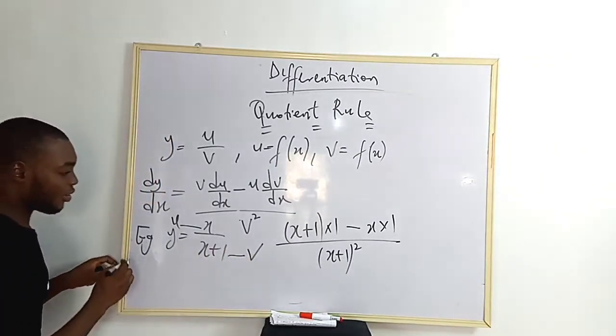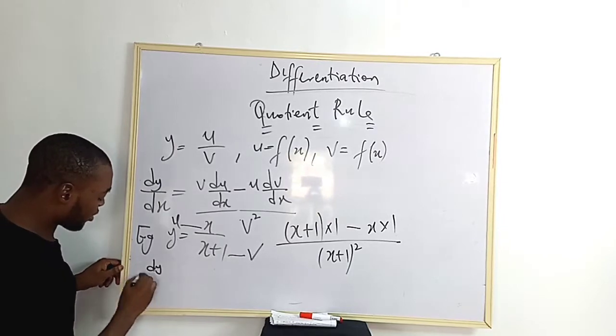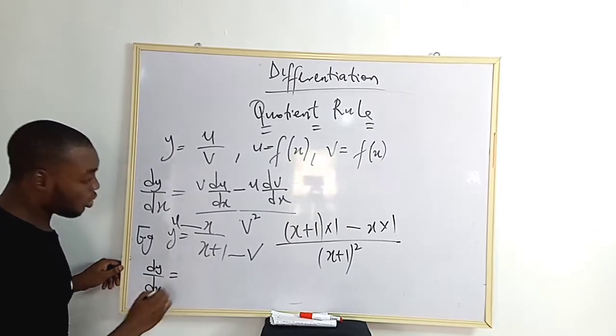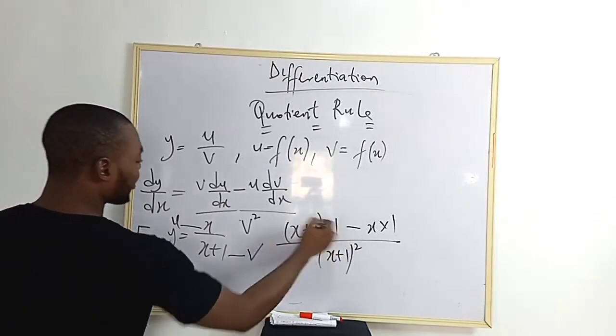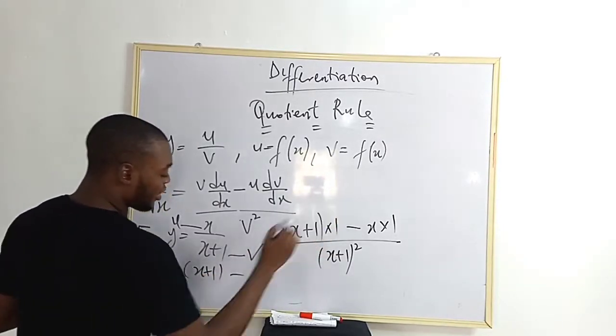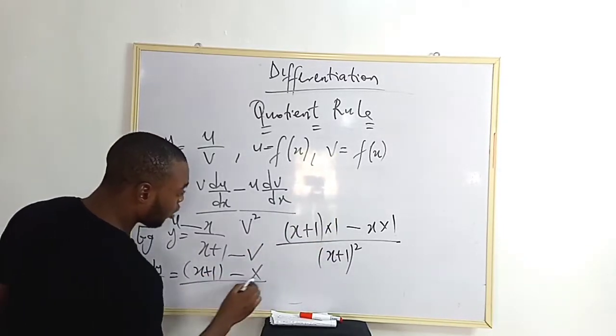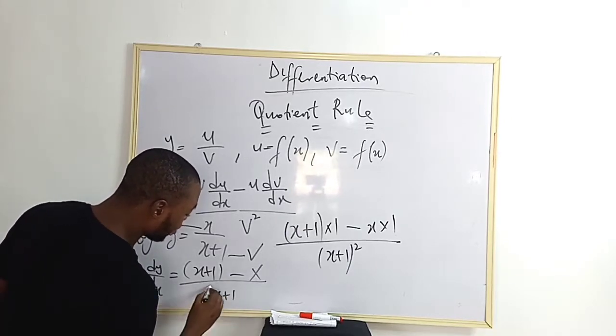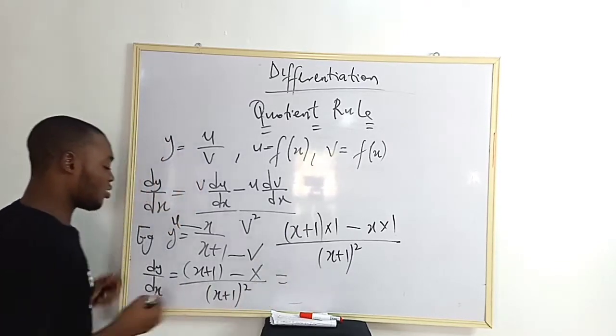From there, dy/dx equals 1 times x plus 1, minus x times 1, that's x, all over x plus 1 squared.